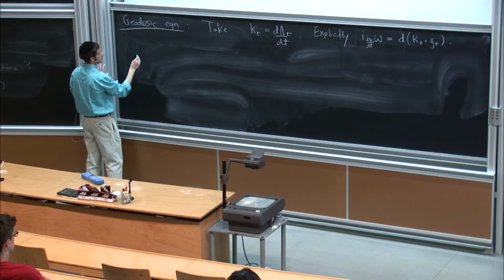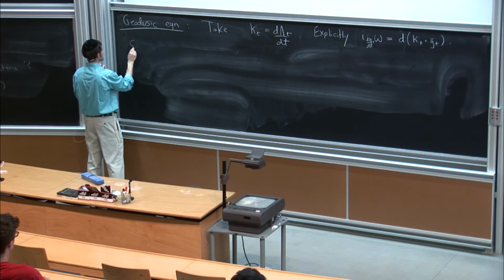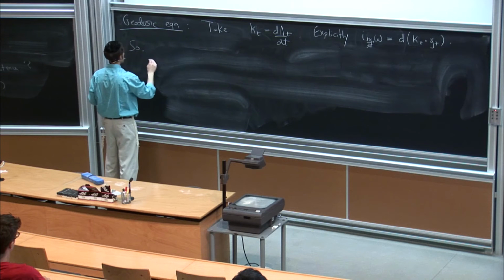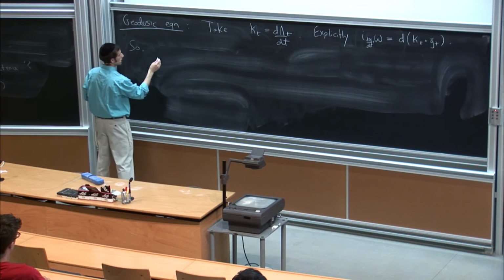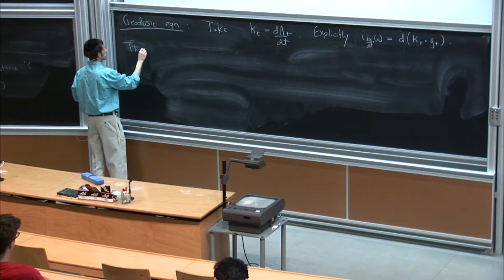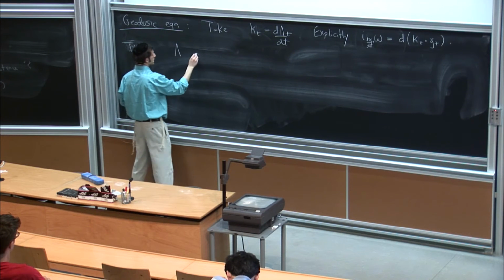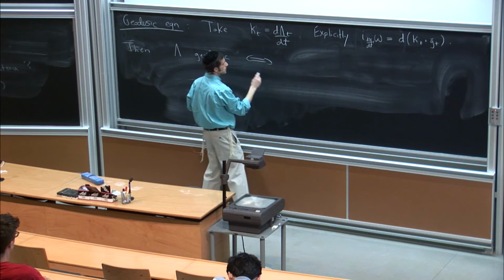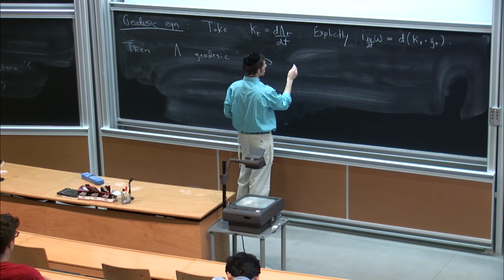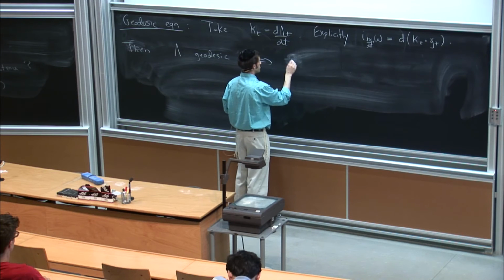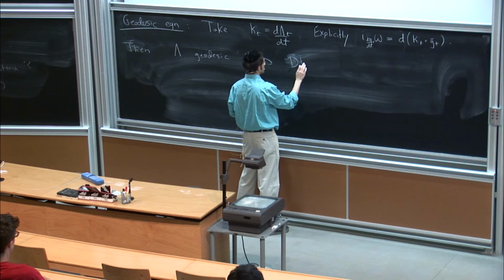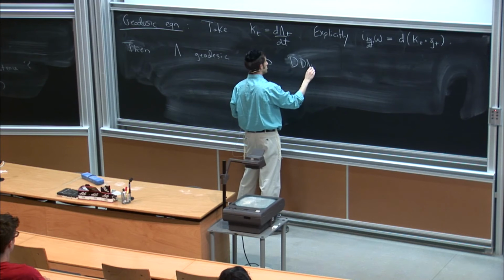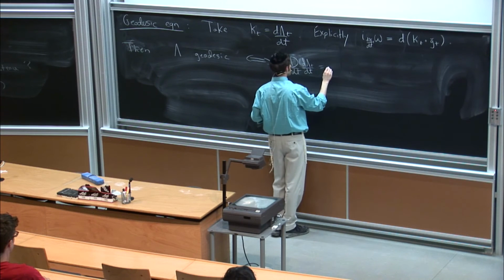So then lambda is a geodesic if and only if the covariant derivative of d lambda_t/dt is equal to 0.